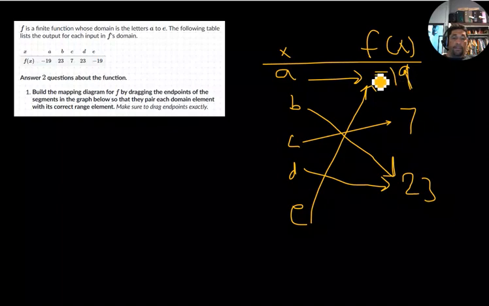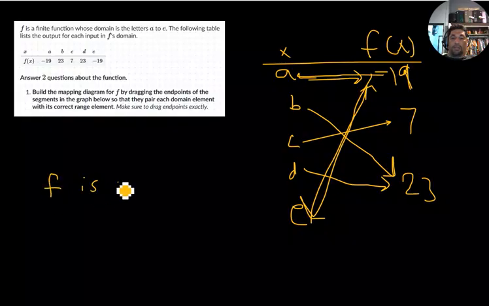Negative 19 will point to 2 outputs. So this alone defeats the whole thing, because now you have one input producing 2 outputs. So we'll see f is not invertible.